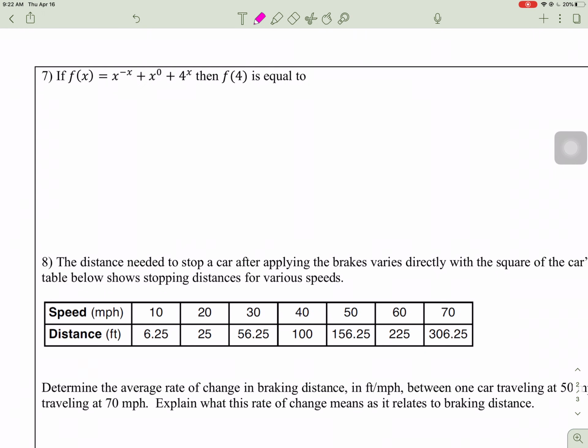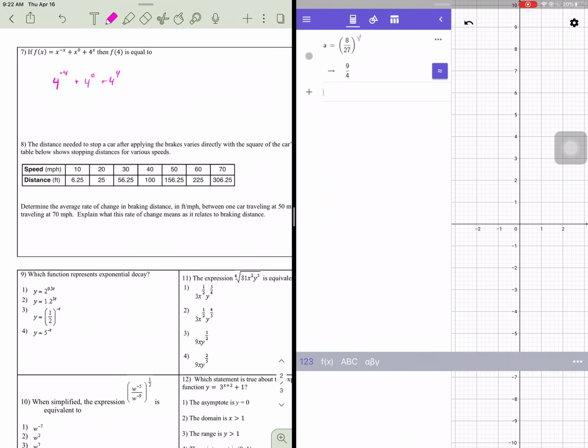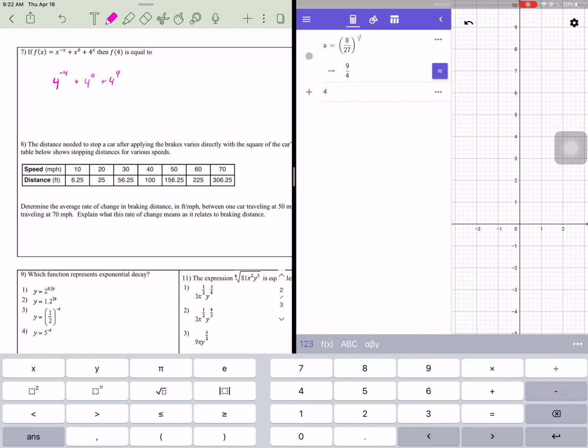If f of x equals this whole big thing, then what is f of 4? Just plug it in. So you get 4 to the negative fourth plus 4 to the 0 plus 4 to the fourth. And we could just do this right in the calculator. 4 raised to the negative fourth plus 4 to the 0, which is 1, plus 4 to the fourth.